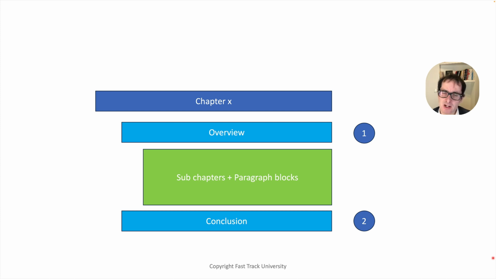It can be a couple of lines, maybe even half a page, and then you skip to the very end, to the conclusion or summary of that chapter, because it gives you the summary already. By skipping the green part here, the sub-chapters or paragraphs, you already learn what is going to be taught, what's going to be mentioned, what's going to be important. So going from 1 to 3, instead of going in linear fashion, you will pick up much more.